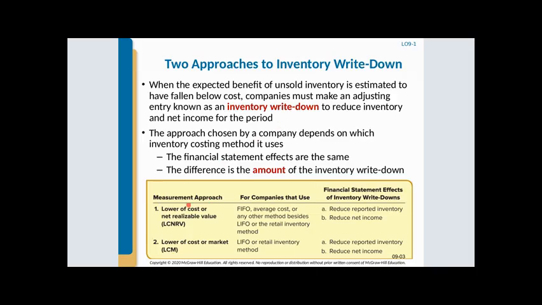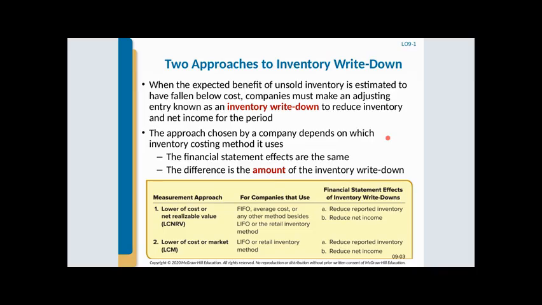IFRS uses the net realizable value, so that's why we have now introduced this in GAAP. And then we have the old method, which is the lower of cost or market. And then you have the cost flow assumptions that go with the measurement approach, and then how this is going to affect our financial statements.